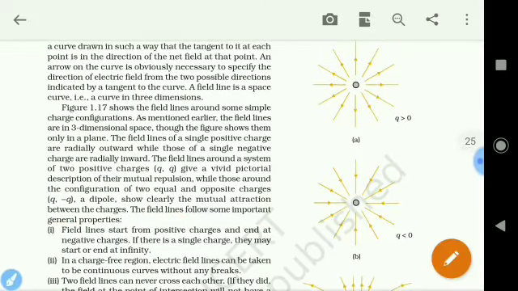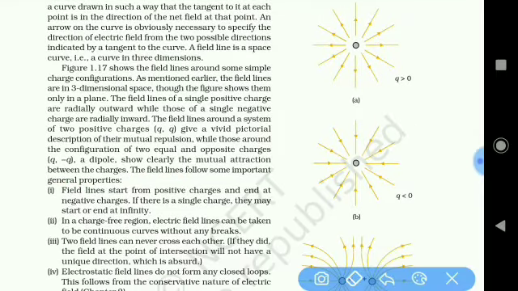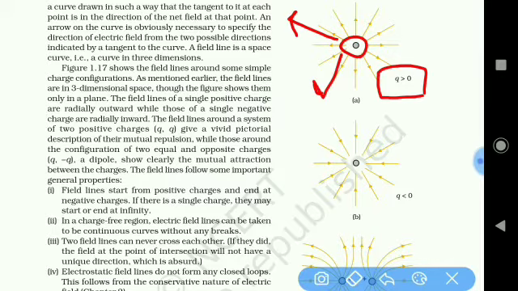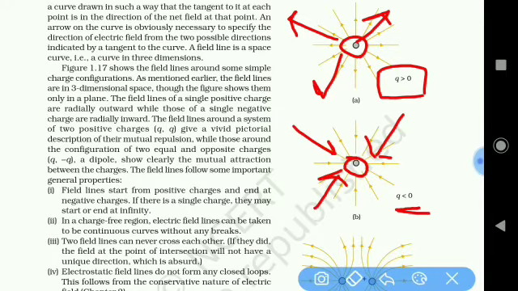You can see that for a positive charge, that means if Q is greater than 0, then field lines, they are coming out. And if the charge is negative, that is Q is less than 0, then the field lines are coming towards the negative charge.